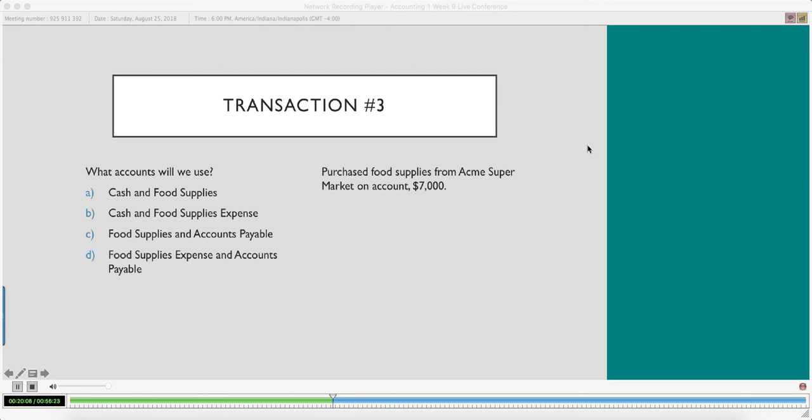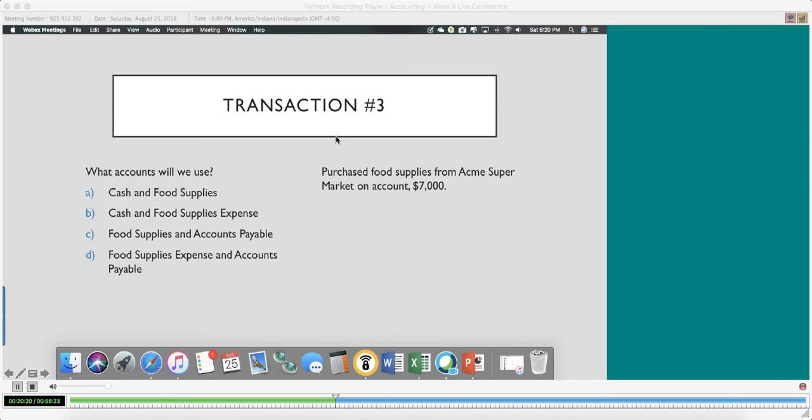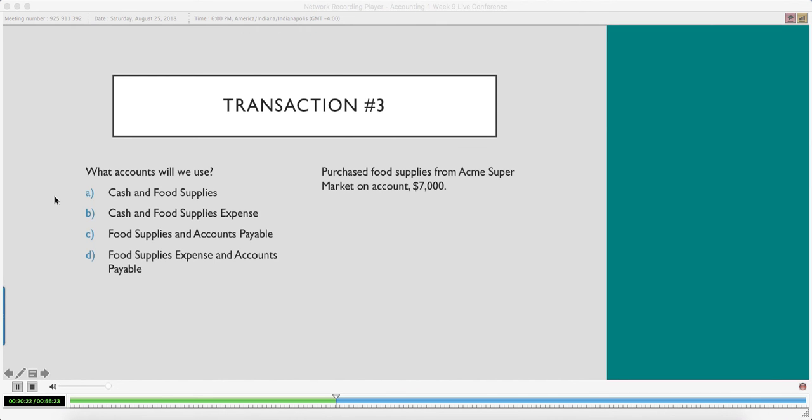Okay, and we're at 50-50 on this one. So we have 2 that say C and 2 that say D.